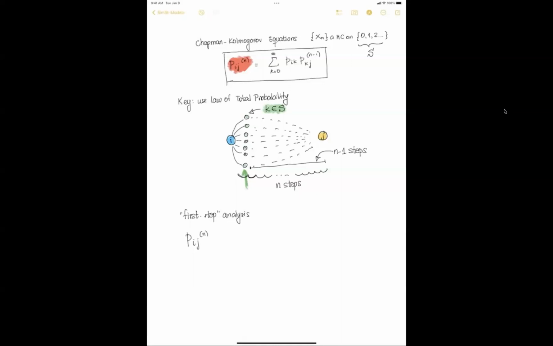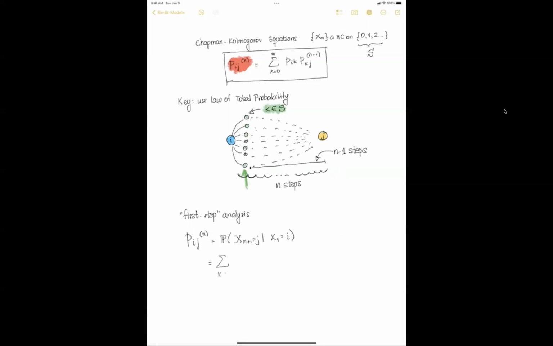P_ij^n, using the law of total probability, will be, well, first of all, I'm going to write down exactly what it is. This is the probability that X_{n+1} is equal to j, given that I started at the first transition with state i. So there are n steps in here. And this is going to be equal to, and this is the law of total probability, I am going to add up over conditioning on all the possible intermediate states, that is the state k, where the process lands after just one step.